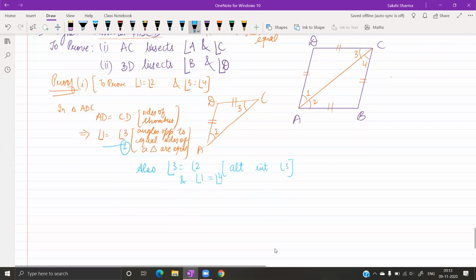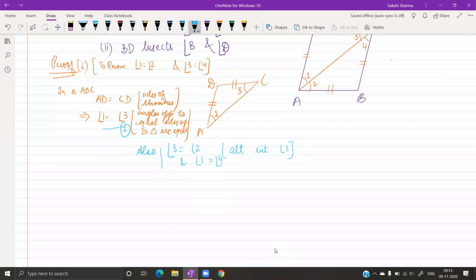Now combine result number 1 with these two results. Angle 1 is equal to angle 4, but angle 1 was equal to angle 3, and angle 4 is now equal to angle 2.